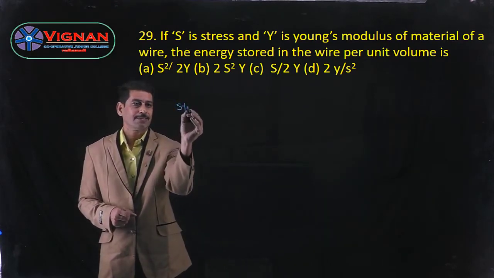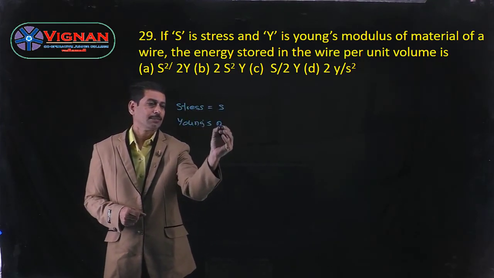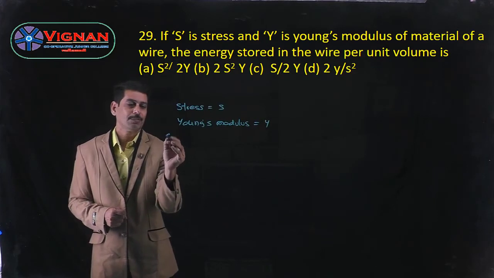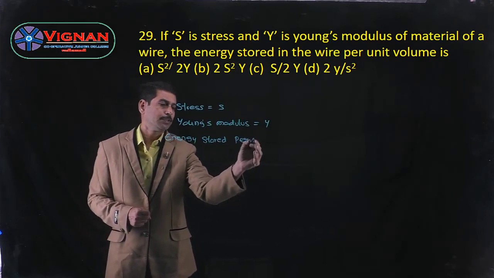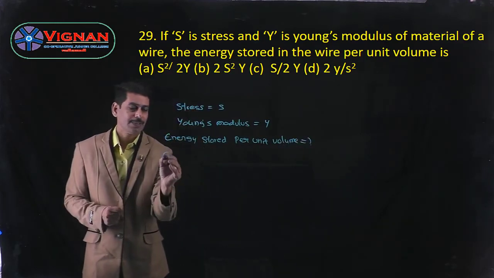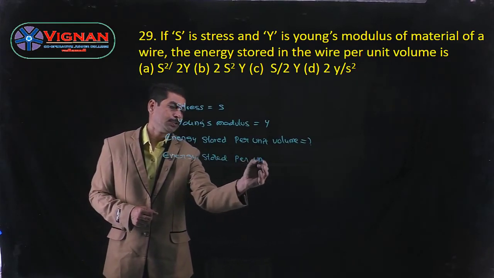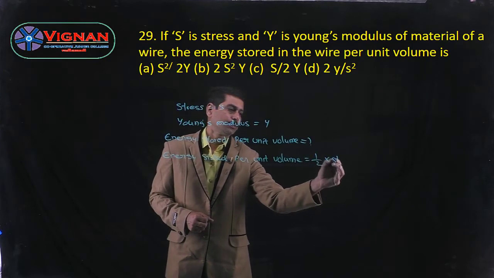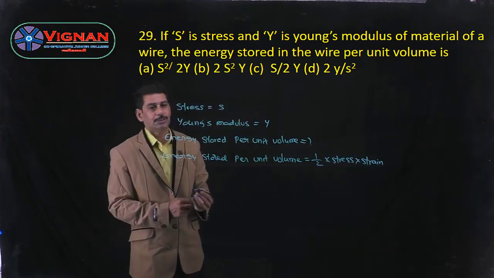So the stress is given as S, and the Young's modulus is Y. The energy stored per unit volume is equal to half into stress into strain. But here we are asked in terms of stress.